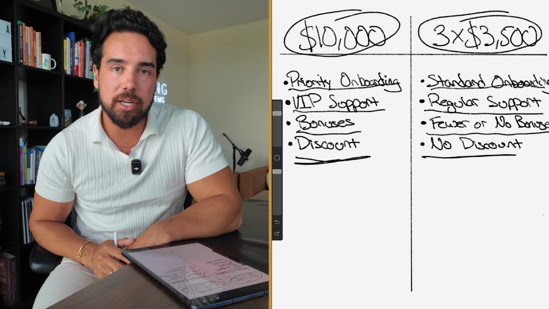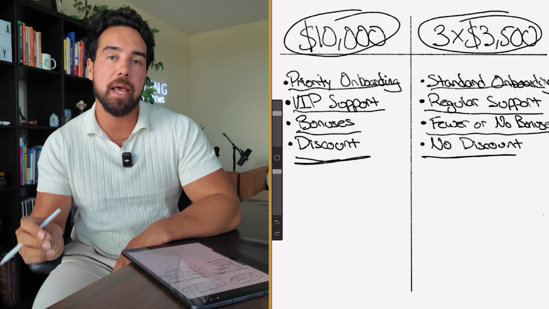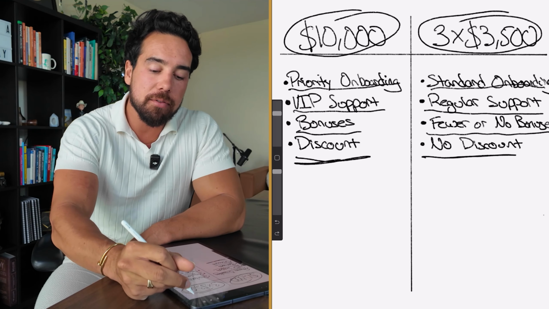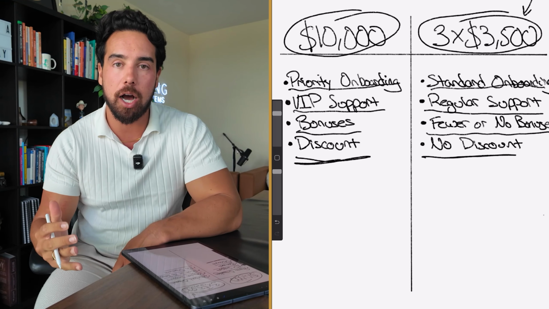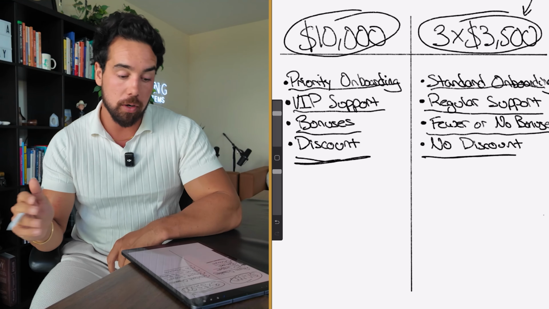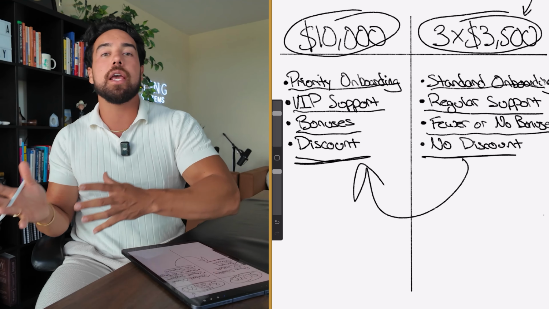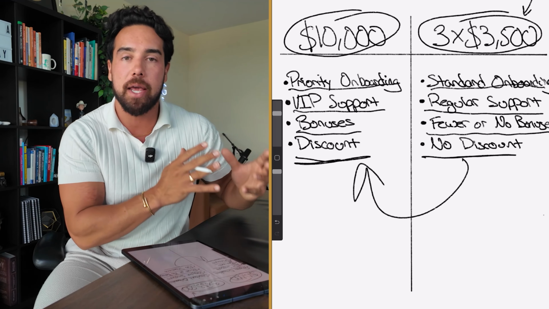And as a little bonus here, the reason why we've been able to achieve a 71% pay in full rate is because even if somebody chooses the payment plan option, we will still give them, written out in their contract, the option to pay in full in the first 30 days, and they'll get all of those bonuses from the pay in full. So they'll get the discount, the priority onboarding, the VIP support, the bonuses, and this works especially well if you, like us, help your prospects or clients make money.